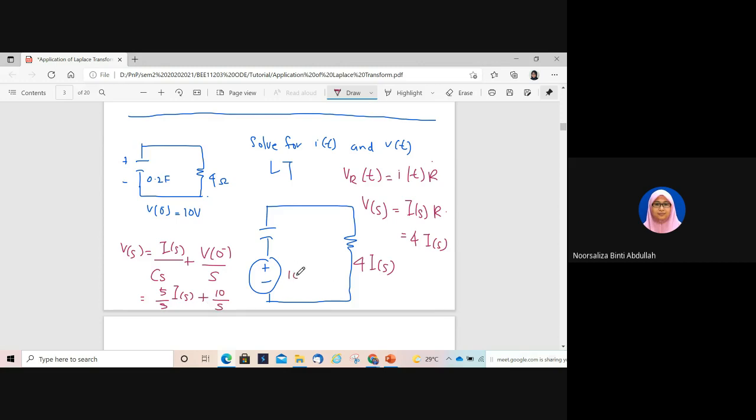So here is 10 over s and here is 5 over s times I(s). This is how you transform from time domain signal to frequency domain.